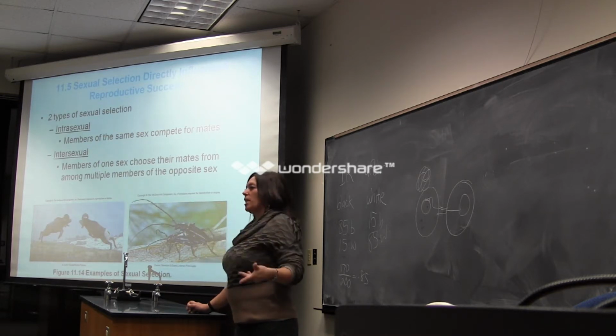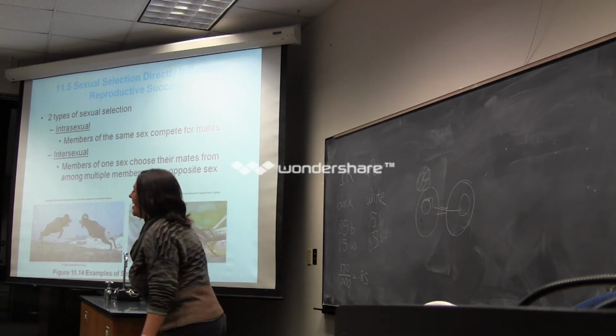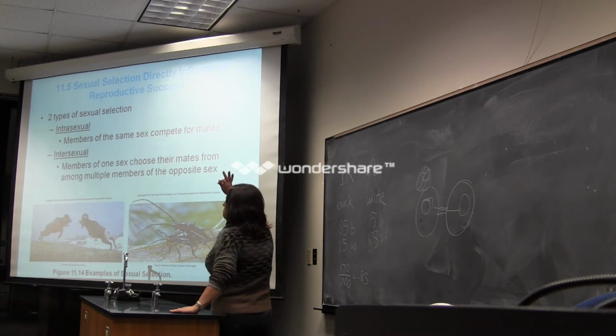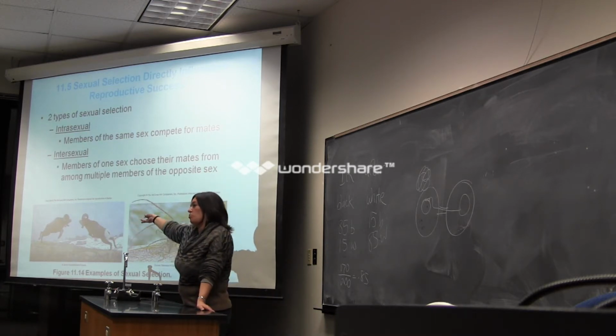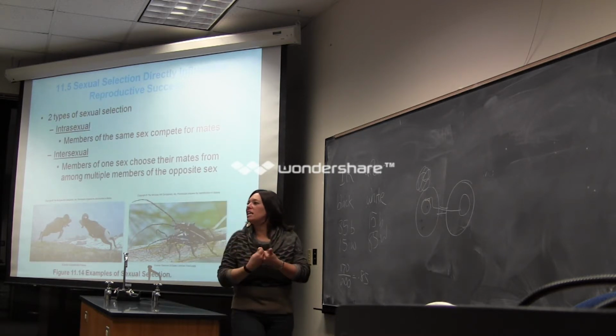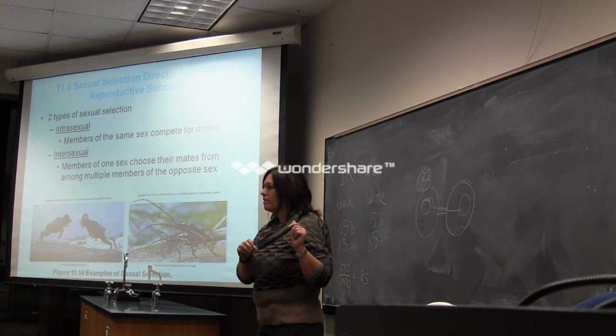In intrasexual selection, you're going to have either males competing for a female, in most cases, or occasionally females fighting for a male. Here, these rams are butting heads because they're competing for this nice little lady ram that you can't see.